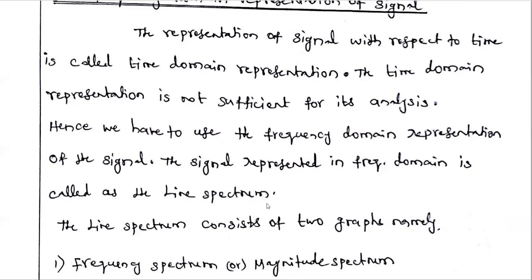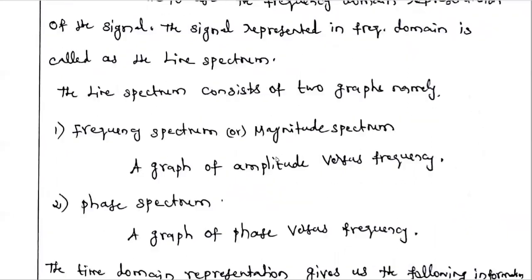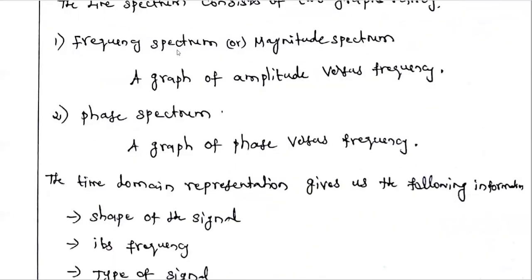If you want to analyze the signal, in the question they ask you to draw the spectrum for the given signal, x of t equal to something like e power minus a modulus t. The line spectrum consists of two graphs. One is the frequency spectrum or magnitude spectrum, another is the phase spectrum.